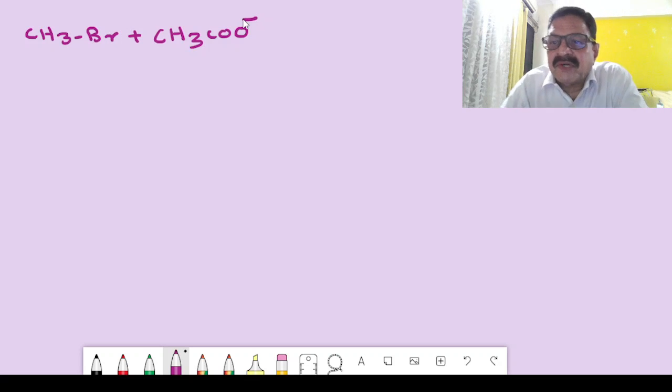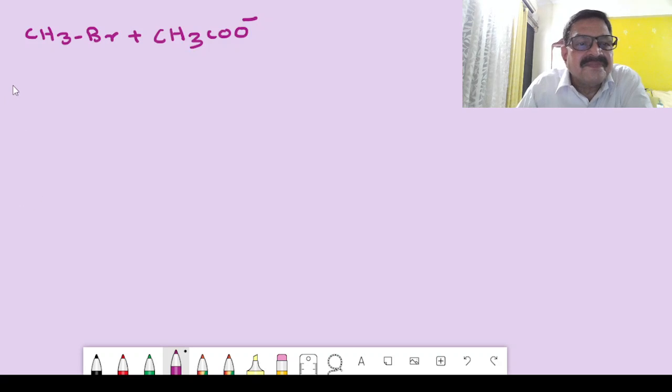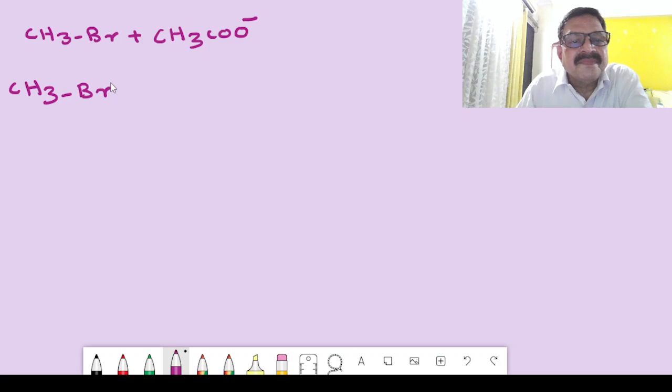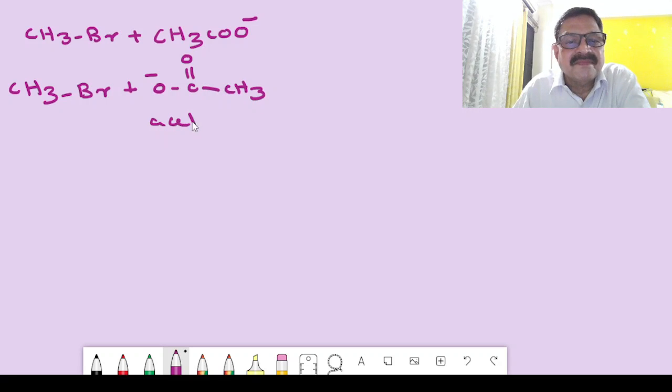So what will be the product formed here? Let us see. CH3Br will be reacting with the acetate anion, CH3COO minus. This is the acetate anion, and this is bromomethane.